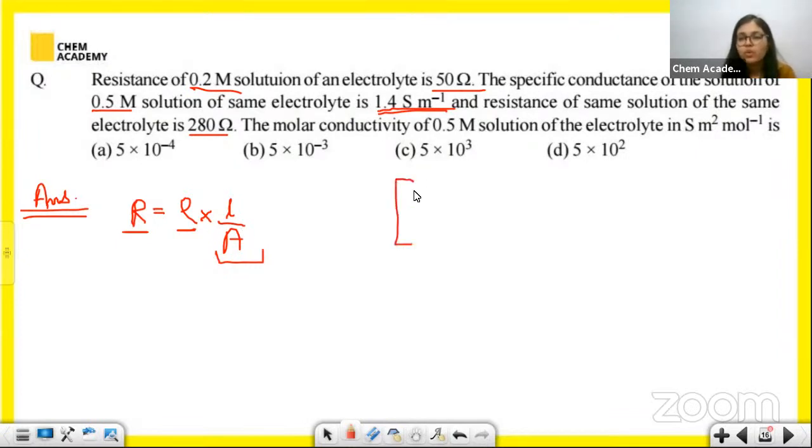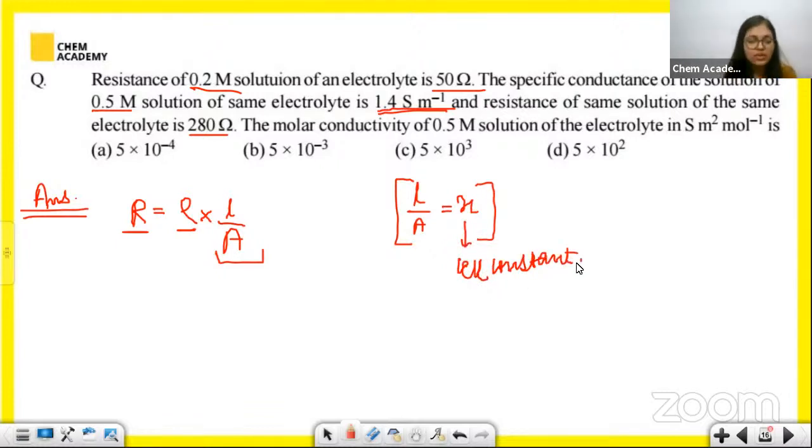Now L by A can be replaced by X, which is called the cell constant. The cell constant remains the same for a particular cell.